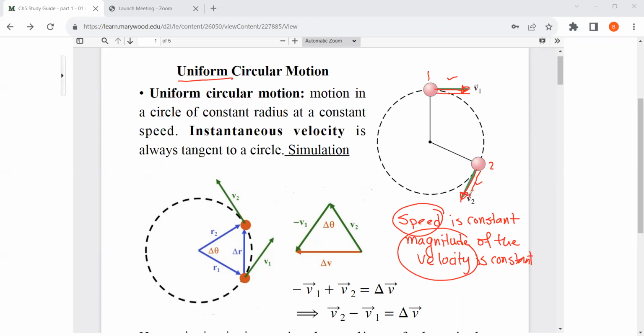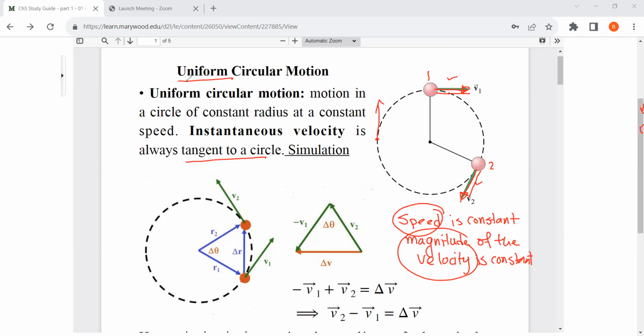The direction of the velocity in a circular path is basically the tangent. For example, if I want to draw the direction of velocity at that point, it will be tangent to this point, and this is it, and so on.